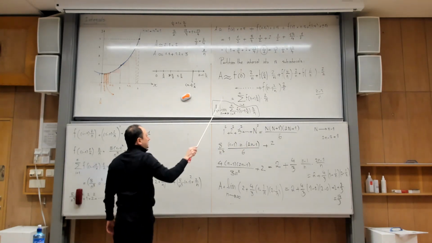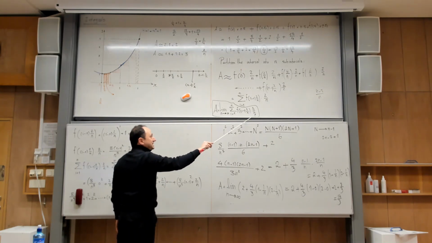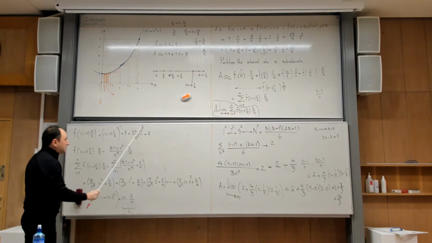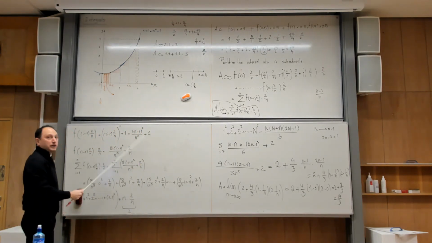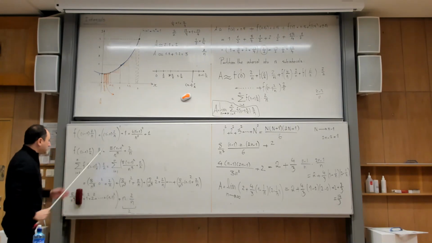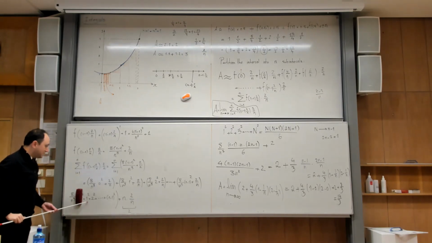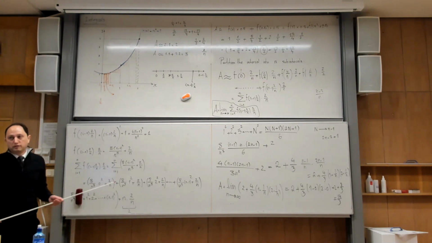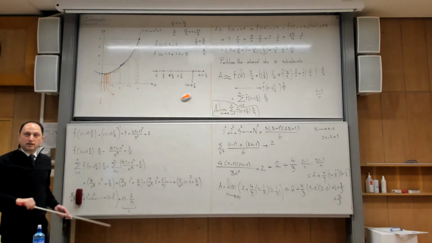Everything here will be exactly identical up to here, no difference. But when I want to calculate f, instead of getting this expression, I will get a complicated expression. And when I put it in the sigma, I will get a complicated series that I don't have any formula for. So that would be a dead end.